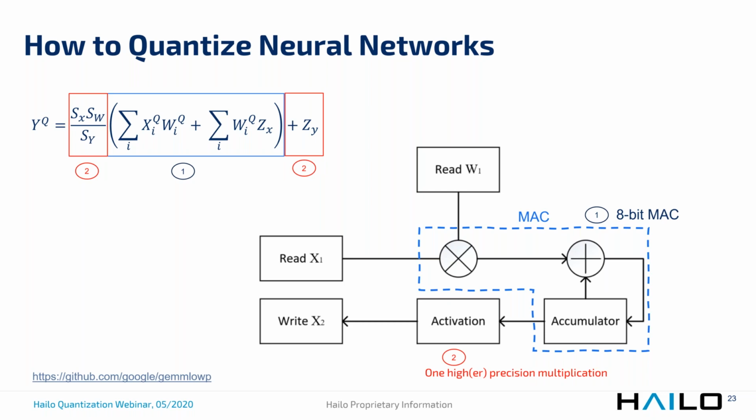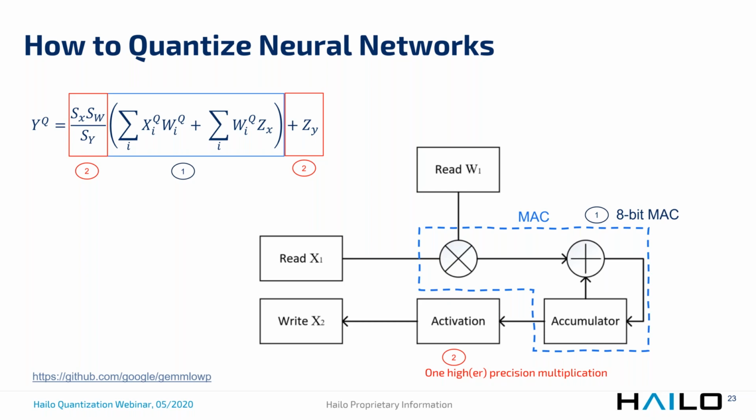Because the scales were real numbers, and we have this term here, which is the ratio of scales, and it's not an integer. So in order to implement this multiplication, we're going to need some hardware that is capable of performing higher precision multiplication, and that's going to be done by this activation unit.